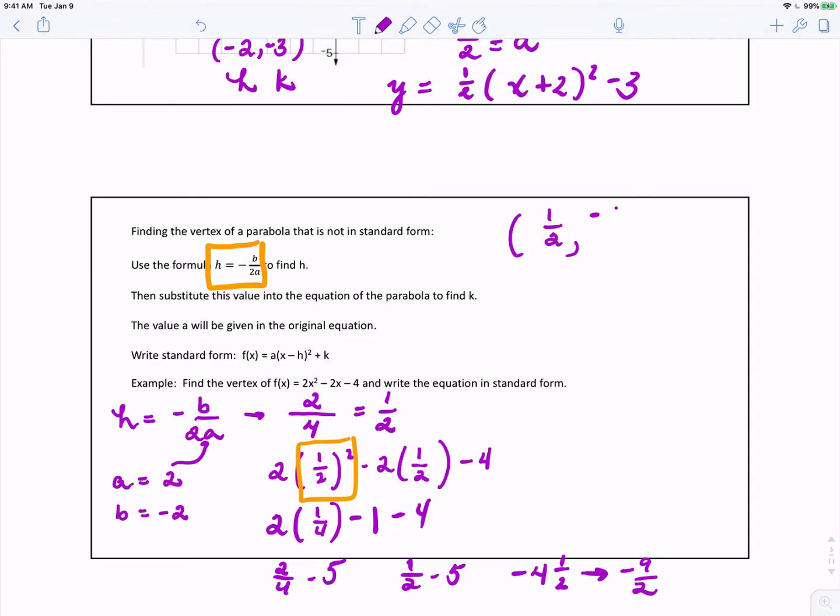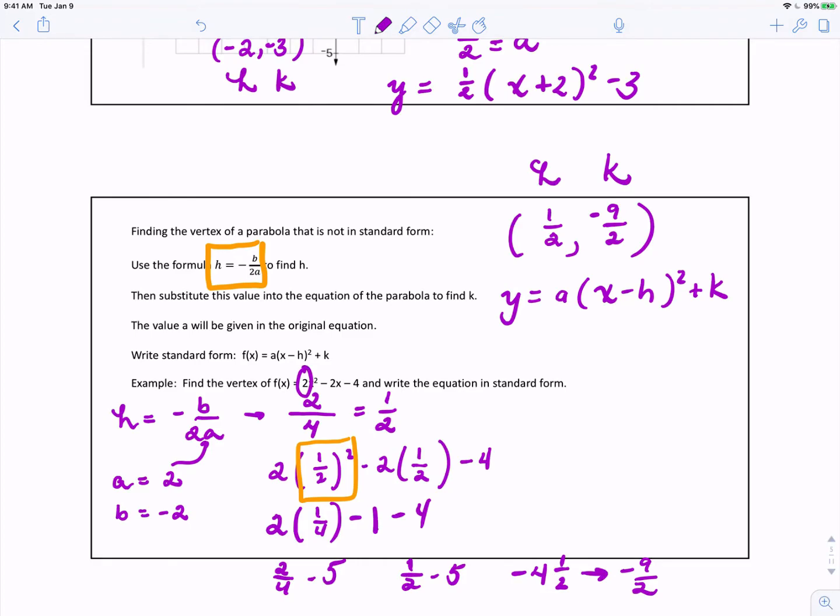And so this parabola is going to have a vertex at 1/2, comma, negative 9/2. So remember, standard form is y is equal to a times x minus h squared plus k. We just found h, we just found k, and a we already knew because we had the equation already here.